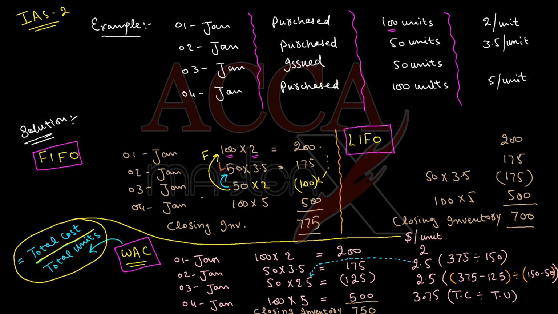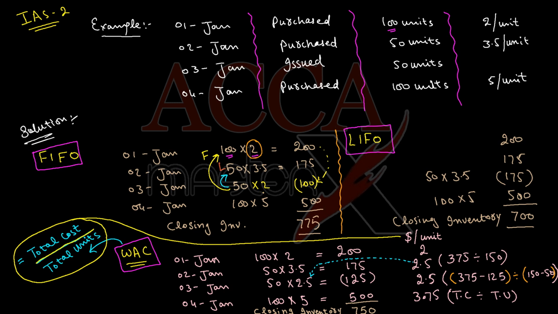and now on 3rd January we are issuing 50 units. Because we are using the FIFO method, we will take this cost to issue our units, because remember it's first in, first out. So these units were first in, that's why we are taking them out first, right?